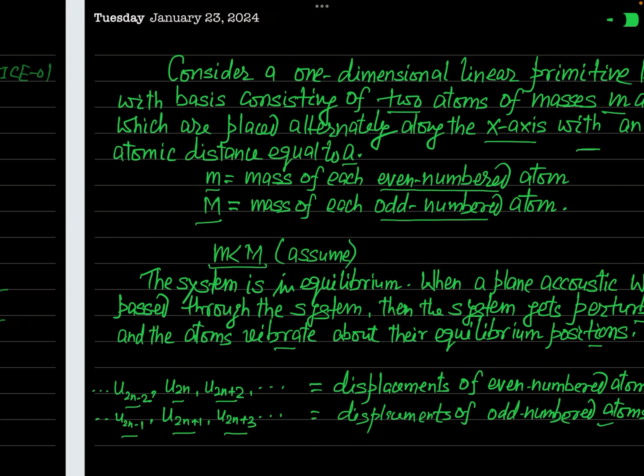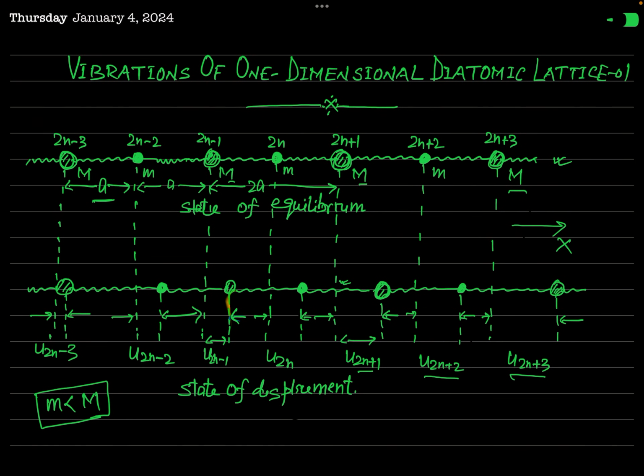Actually, we have to consider the displacement of the 2nth atom relative to the nearest two atoms. So, with respect to the 2n plus 1th atom, its displacement will be u2n plus 1 minus un, and relative to the 2n minus 1th atom, its displacement will be u2n minus u2n minus 1.